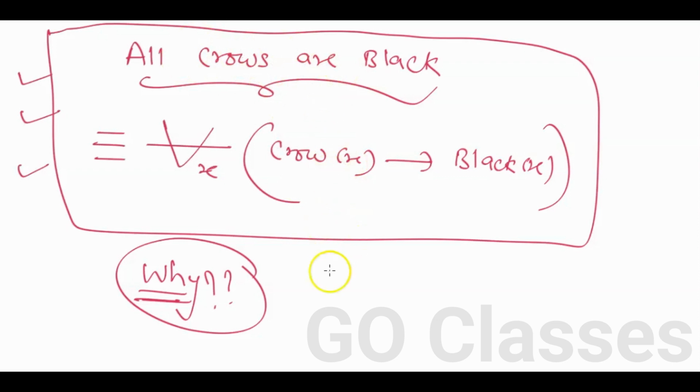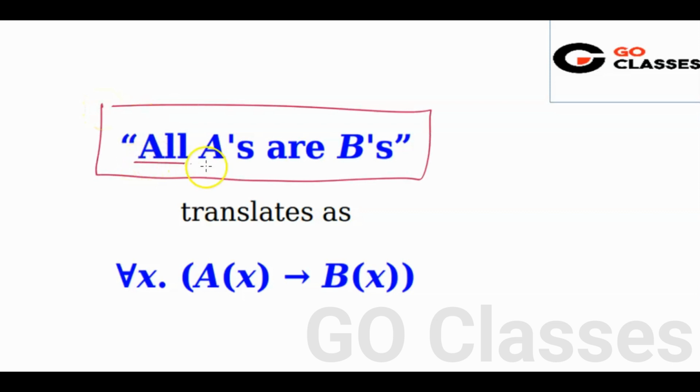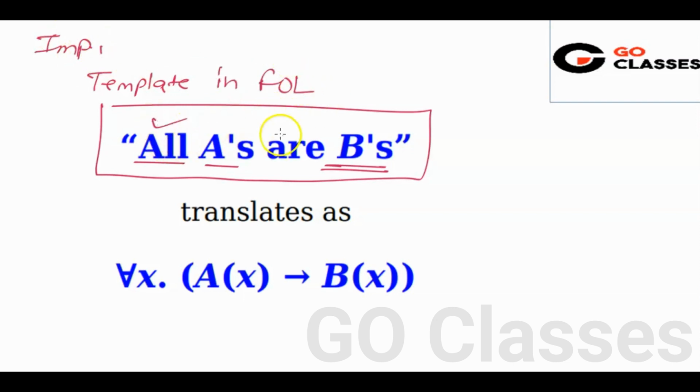Okay, so this is a very important template. So let me explain the template. You can notice when you see this type of statement, all A's are B's. Remember, this is a very important template in first order logic. So how can we convert this?